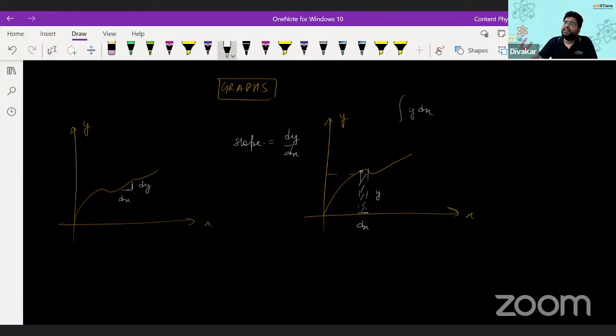And putting integration in front of it basically means you are adding all of them. So y into dx represents the area of one rectangle, and putting integration in front of it means you are adding all the rectangles. And if you add all the rectangles, you get the area under the curve.